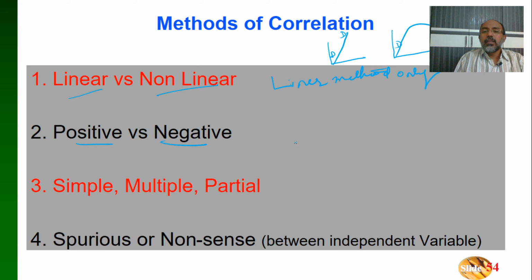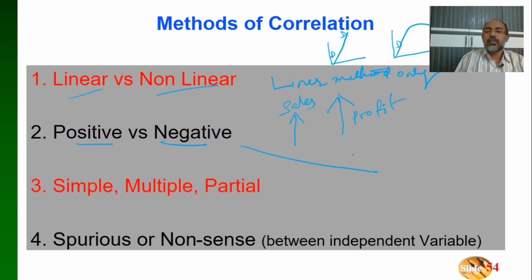Positive means if sales are increased, then profit increases. I will write it this way: sales and profit. If sales increase, the profit increases.